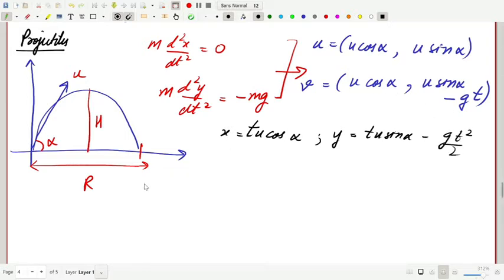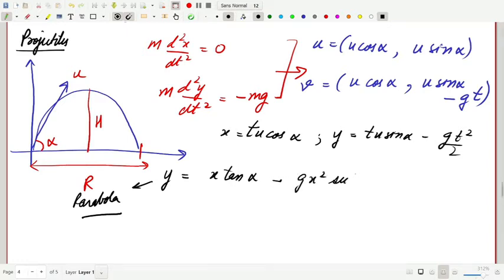Integrate these two with respect to t. We get the equation of motion which is of a parabola: y is equal to x tan alpha minus g x square secant square alpha over 2u square.